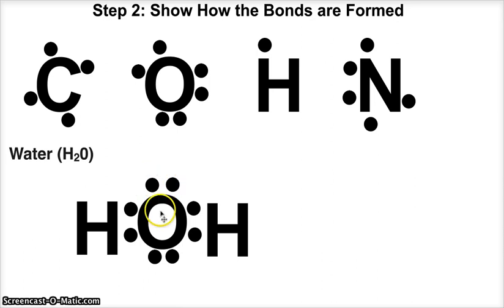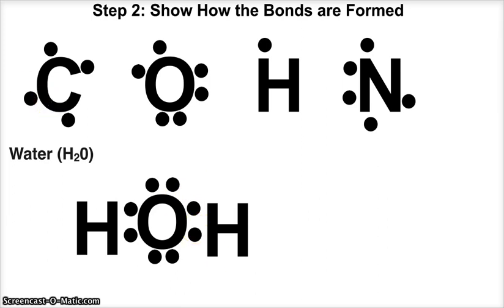And then we're left with 2 pairs, or 4 total, of non-bonding electrons around the oxygen. And hydrogen has no non-bonding electrons left, and the hydrogen over here doesn't either. So this is how you show the Lewis structure, and right here is where we're showing where that sharing is happening.